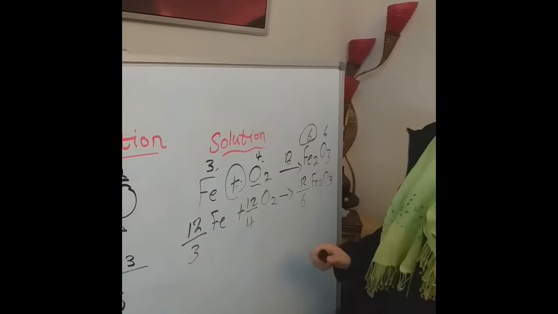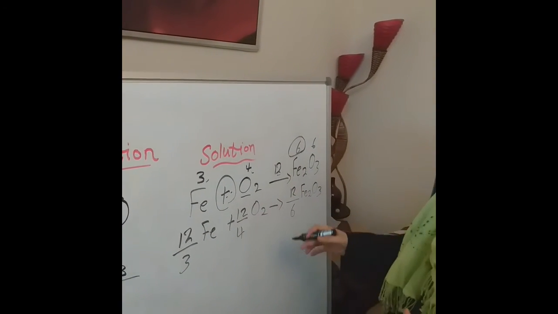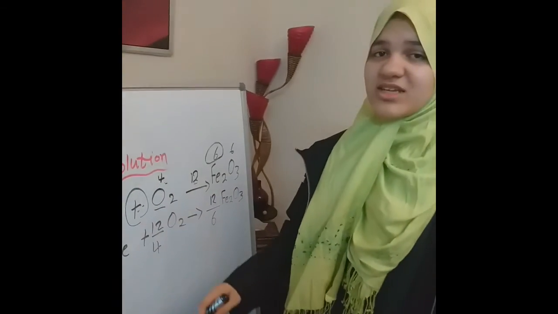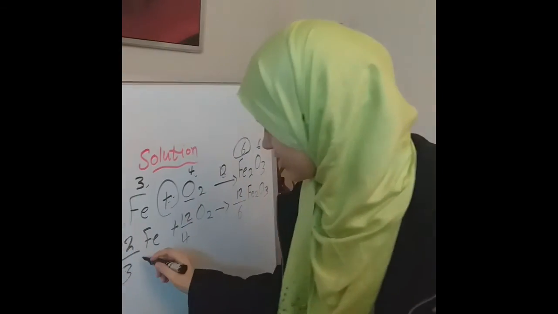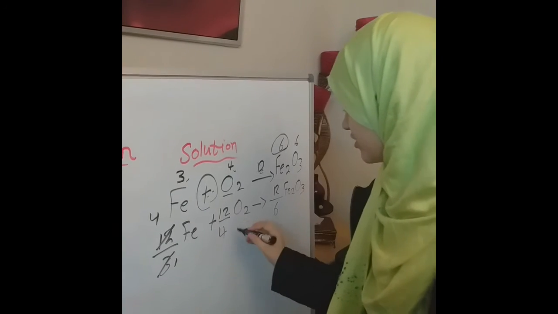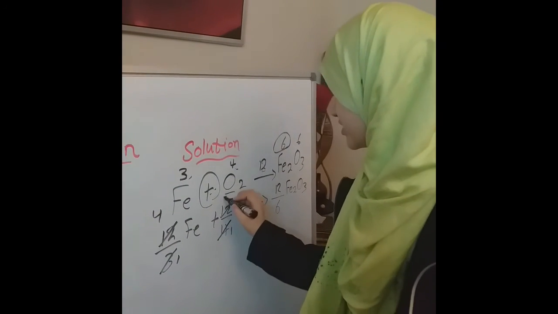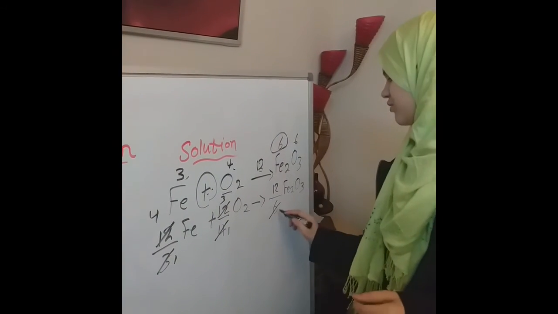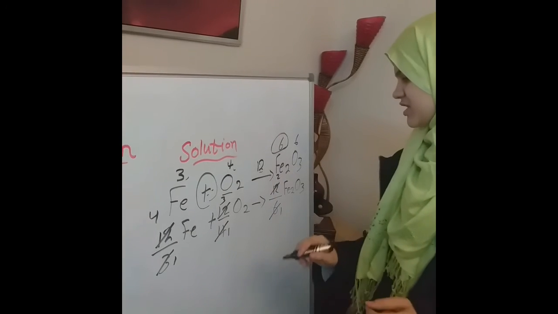After that, we want to divide it and see whether they will be balanced or not. By 1, by 4. By 1, by 3. By 1, by 2.